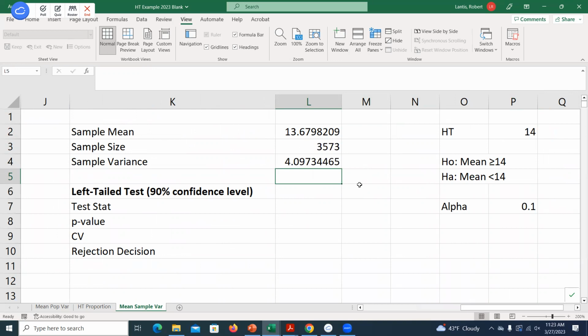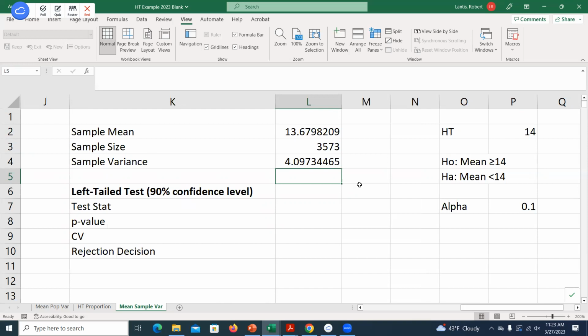So I've got a situation that looks a little bit different because I no longer have the standard deviation of my sample means. I now write it with an S, representing that I calculated that standard deviation with a sample variance as opposed to a known population variance.